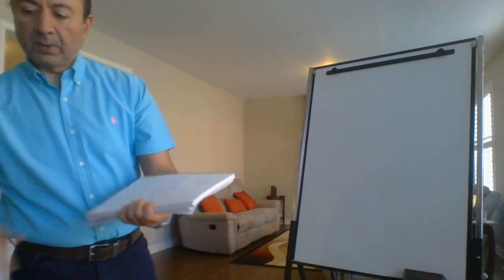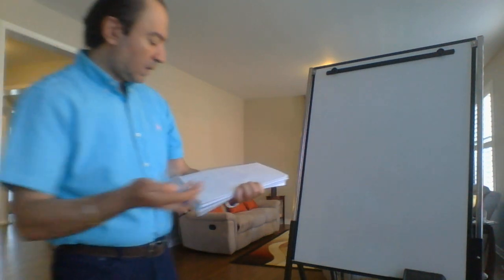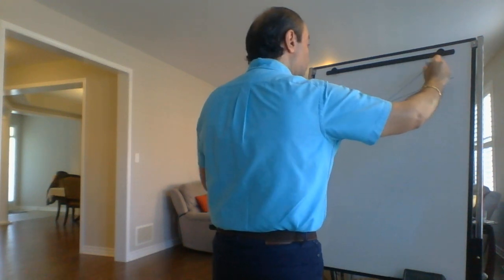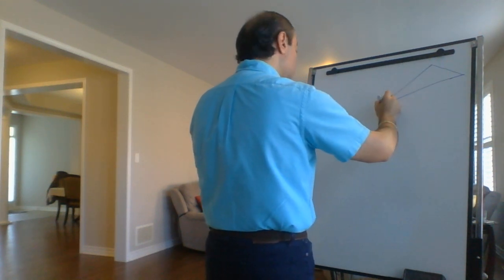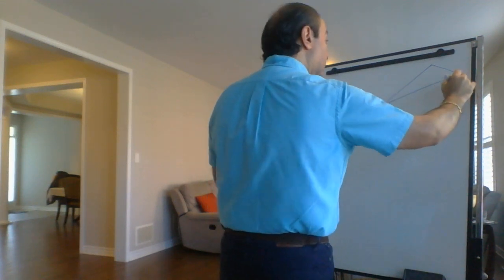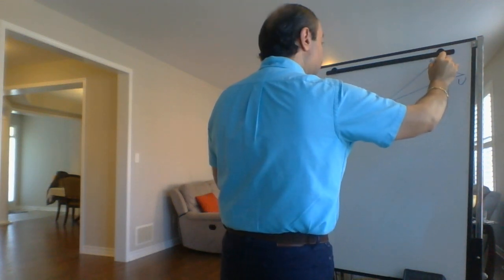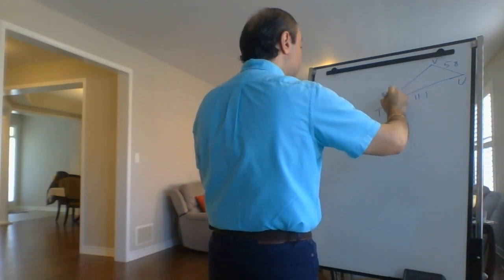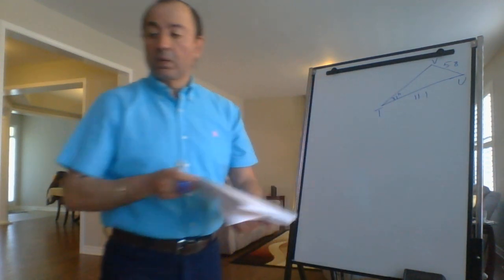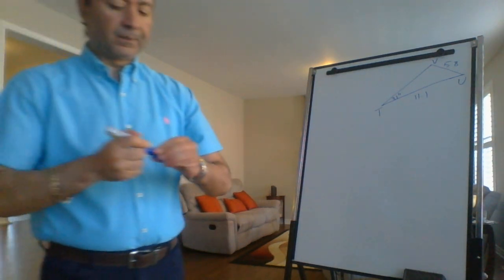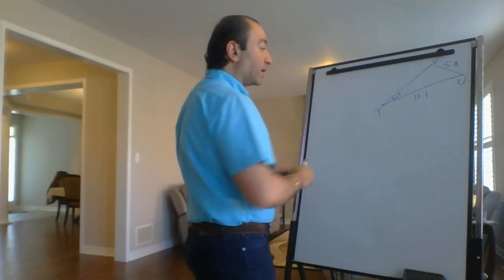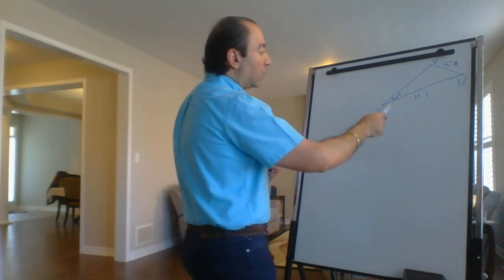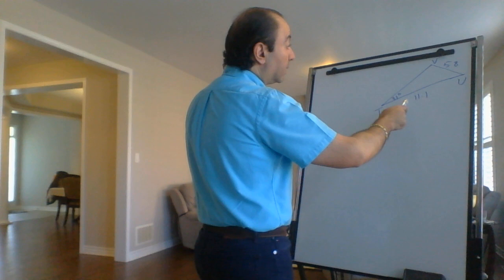So this example says we have triangle TUV. This is 5.8. This is 11.1. This is 31 degrees. So I want to know if I can use, this is not a right triangle, so I'm either using sine law or cosine law. So I will see what I have.